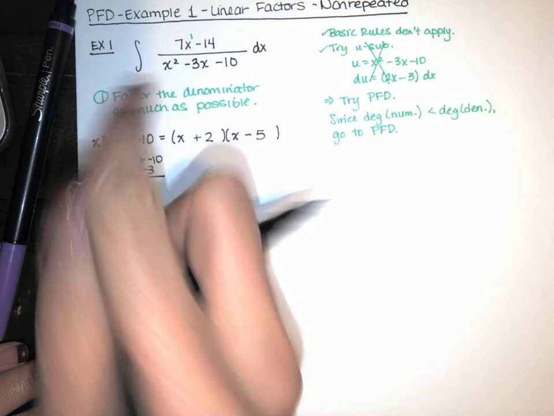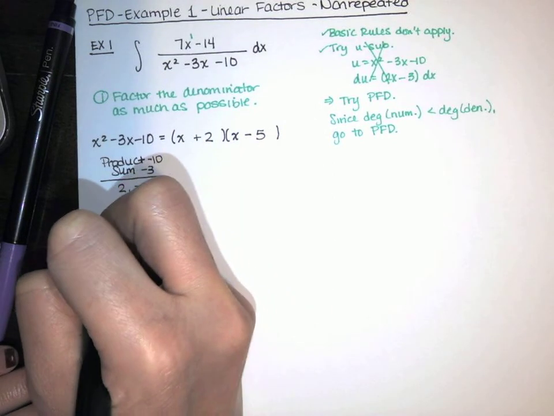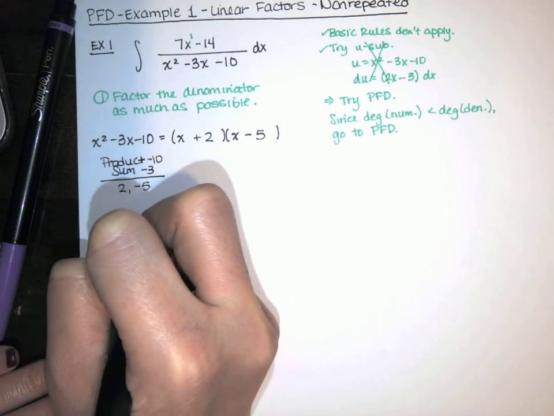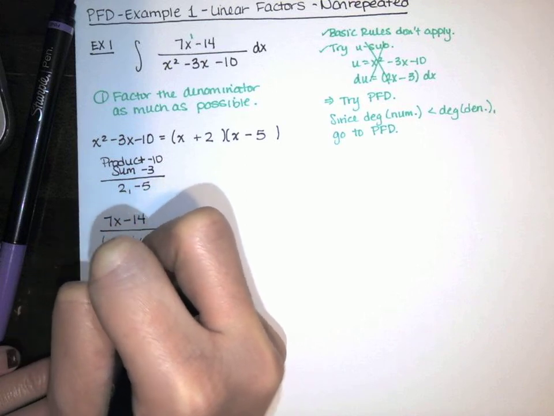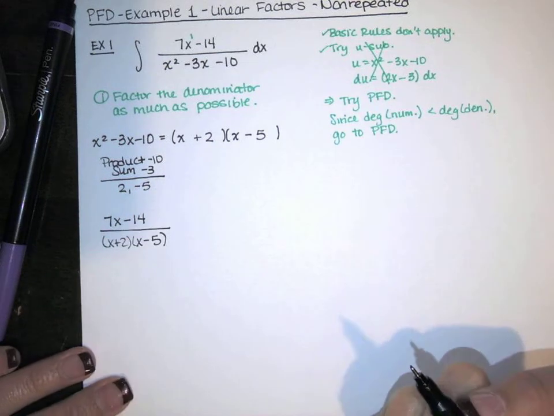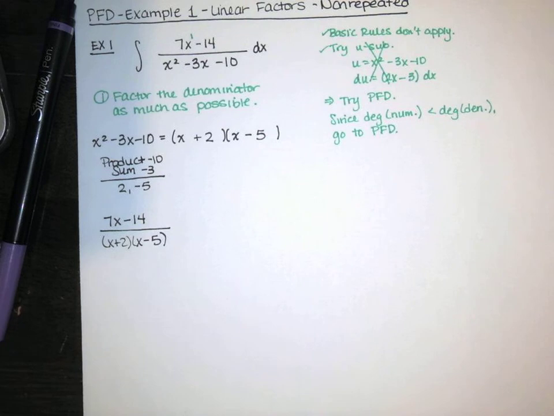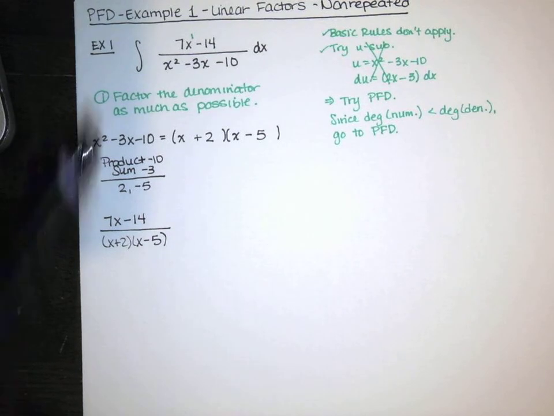So our original integrand can be written this way. It's 7x minus 14 over x plus 2 times x minus 5. Now that that denominator is factored, I'm ready to state the partial fraction decomposition.